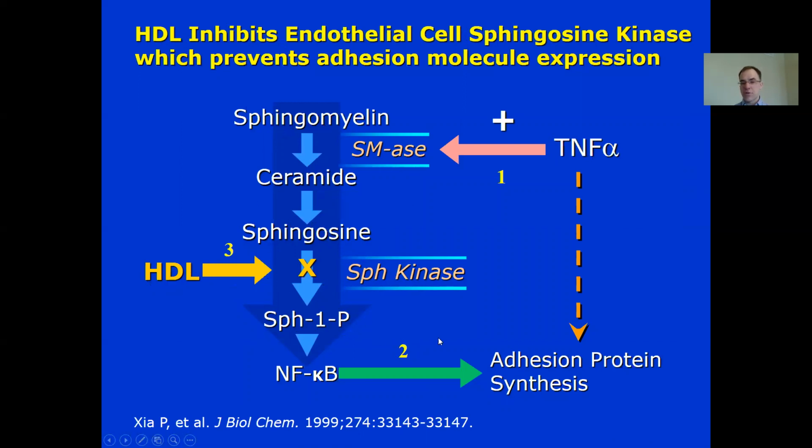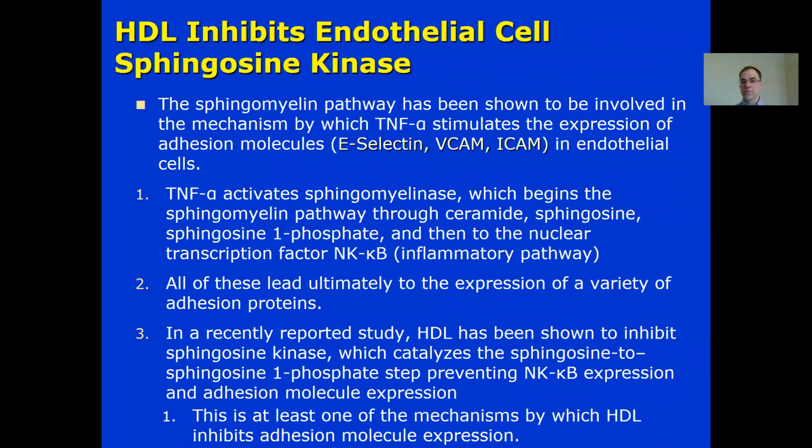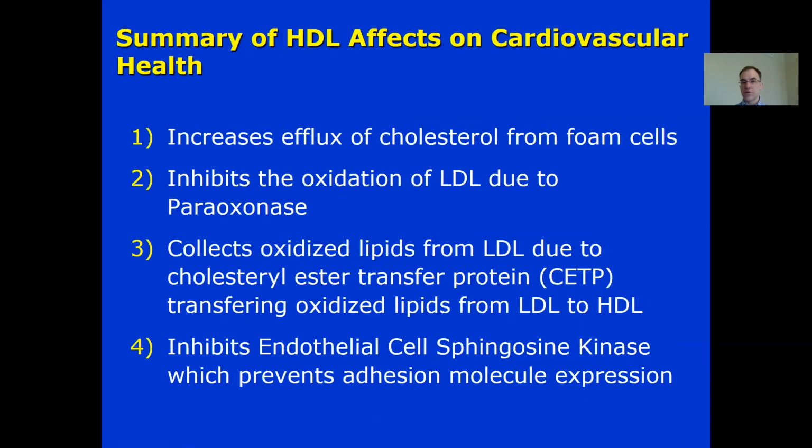But again, you don't need to memorize this. Just know that it prevents this pathway that is normally used to activate the adhesion molecules from occurring. You don't need to spend too much time on this or memorize that pathway.